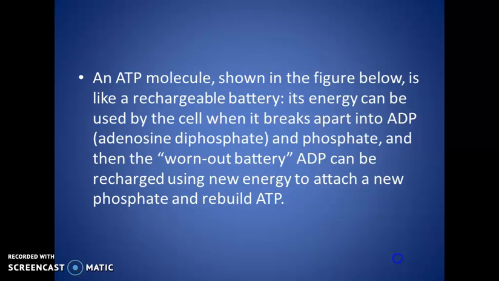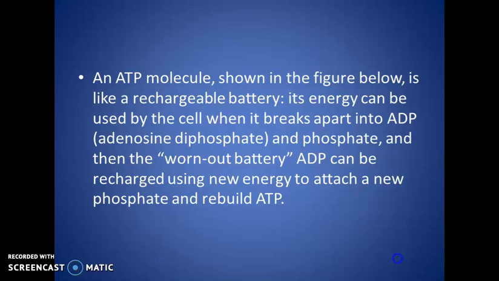An ATP molecule, as shown in the figure, is like a rechargeable battery. Its energy can be used by the cell when it breaks apart into ADP and phosphate.